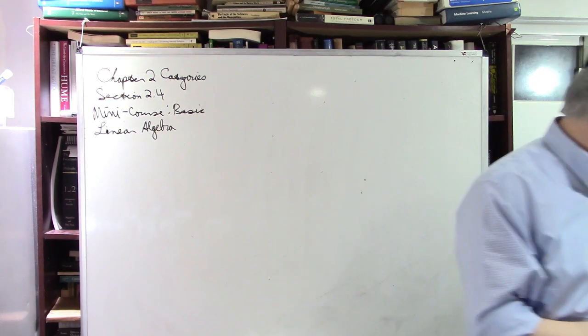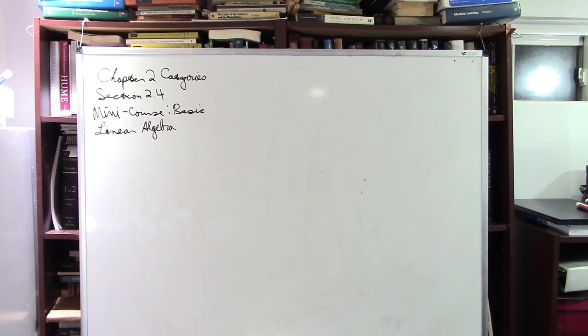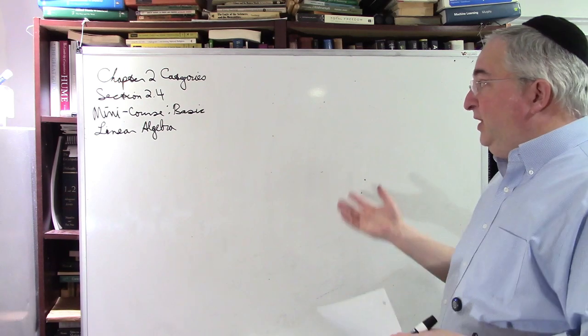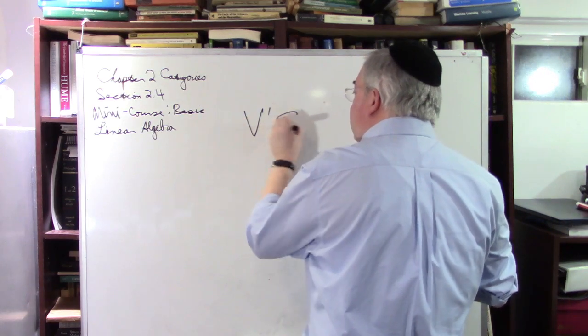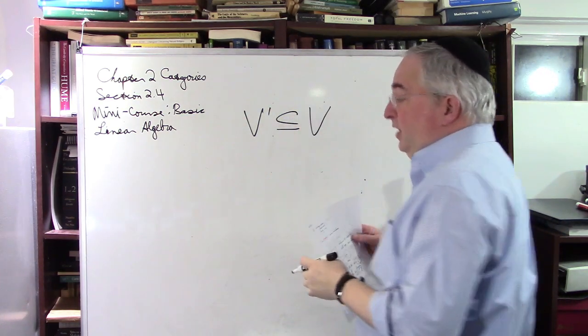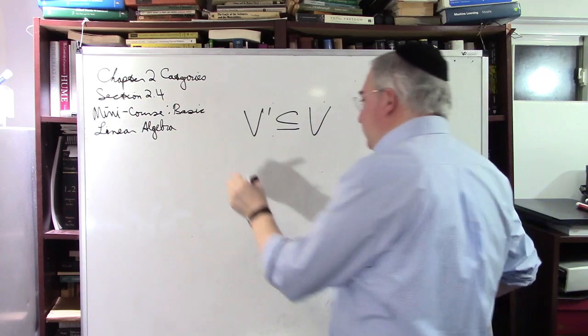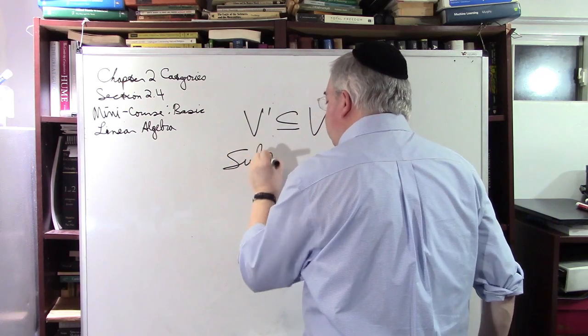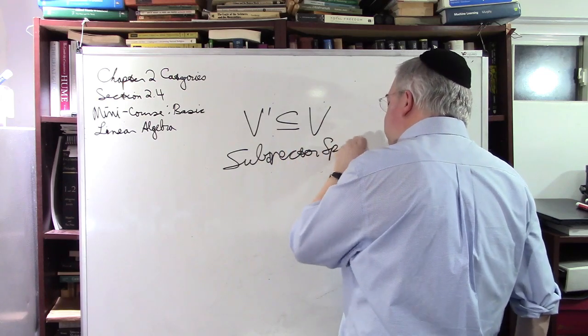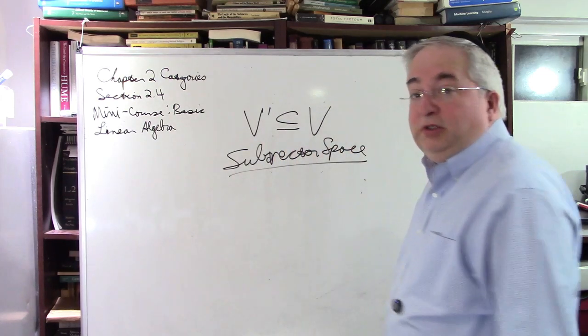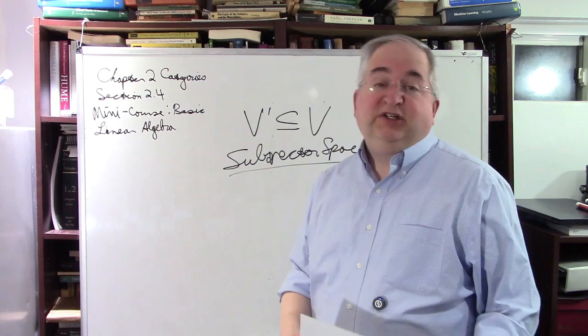Okay, great. Next. We now know what a complex vector space is. Guess what? We're going to talk now about a subvector space. Where we saw this, we talked about subcategories. What's a subcategory?